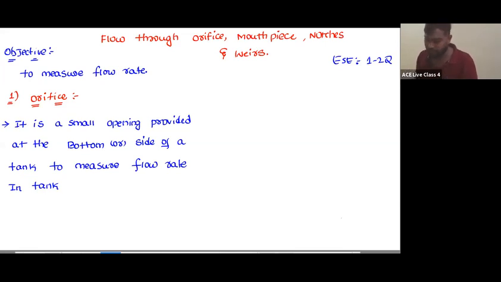Let me take the cross section of our tank.